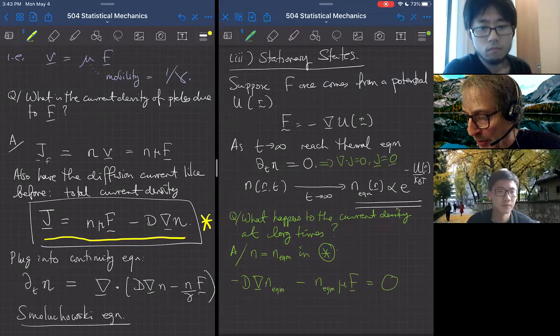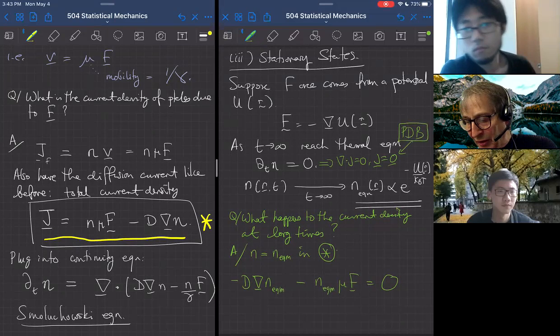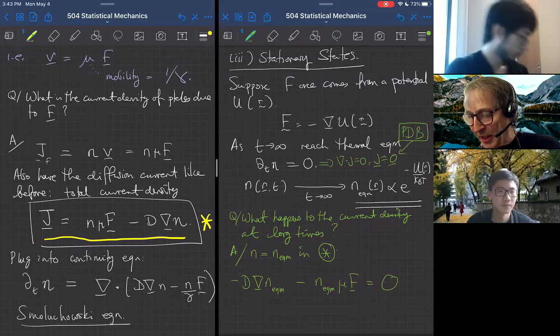And so by the principle of detailed balance, we are going to take the solution where J is equal to 0. So we're not going to look at the non-equilibrium steady state.